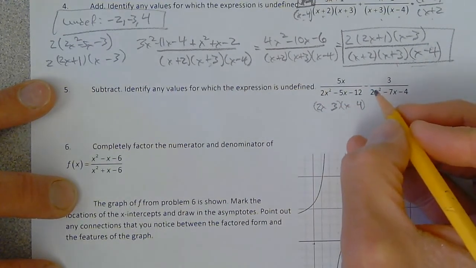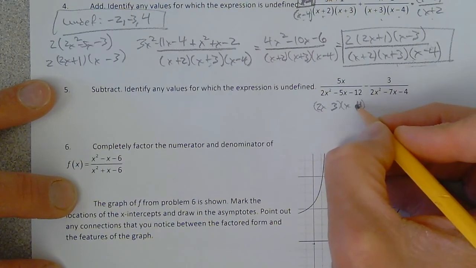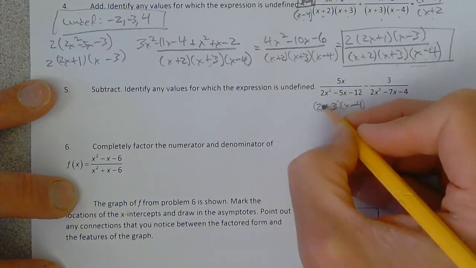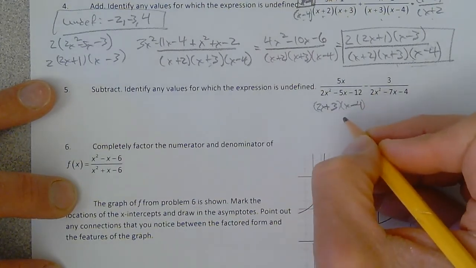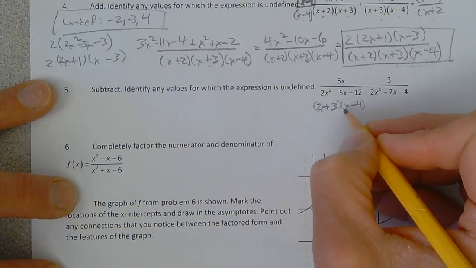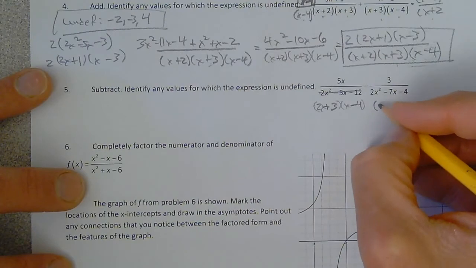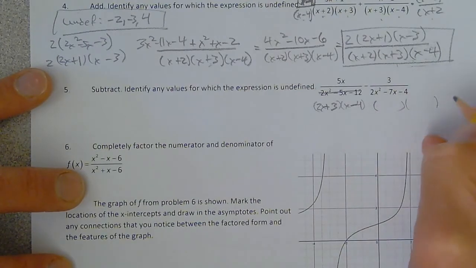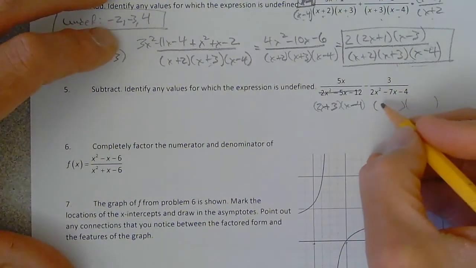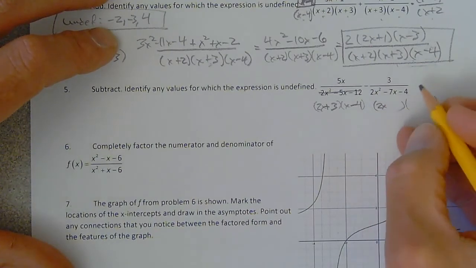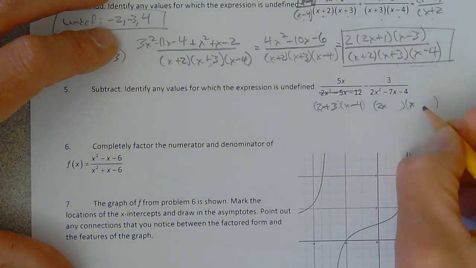And so I believe this is going to be if I go minus there and plus there, that's going to give me, yep, that'll factor that one. And then over here, I'm hoping that I either have 2x plus 3 or an x minus 4. We'll see what we get.